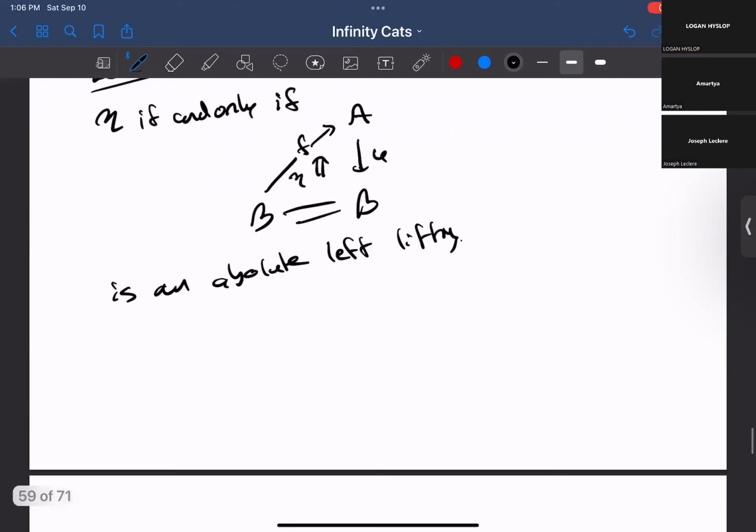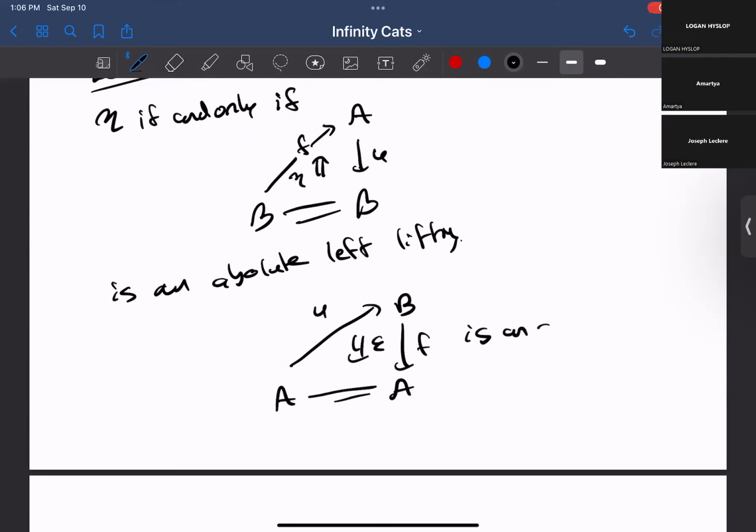And dually, you have that going down by F to A with U right adjoint if and only if the counit is an absolute right lifting.